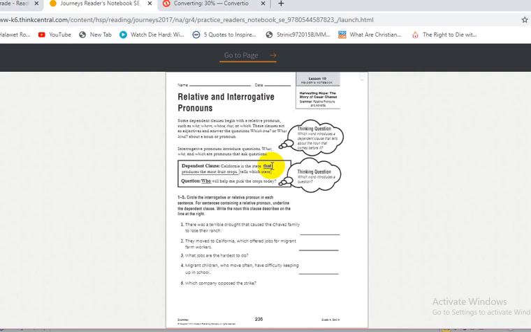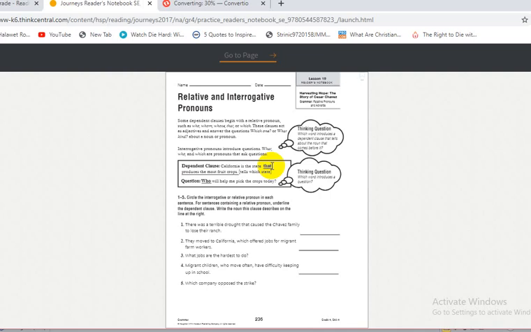That produces the most fruit crops. So this whole dependent clause describes what? Describes the state. It's an adjective that describes the state. So it tells us which state, right?